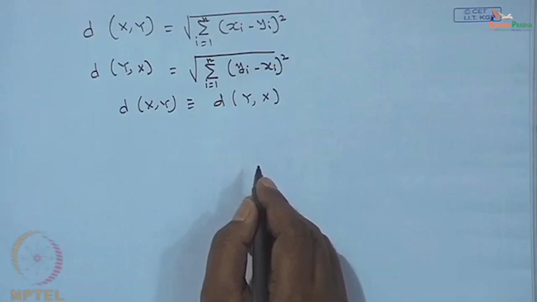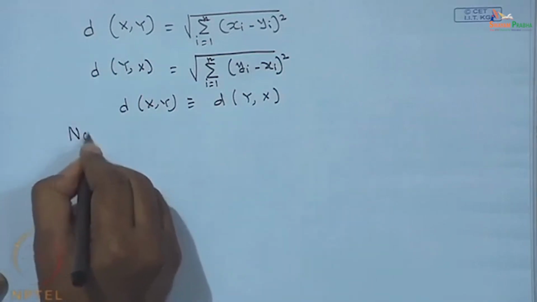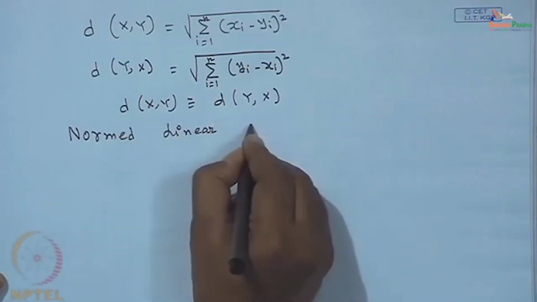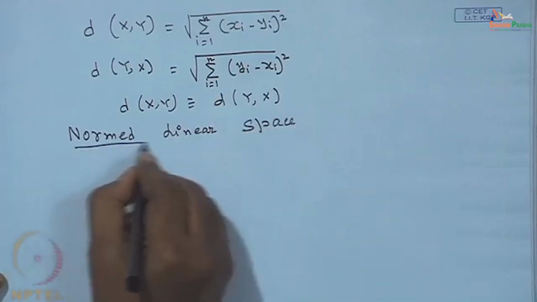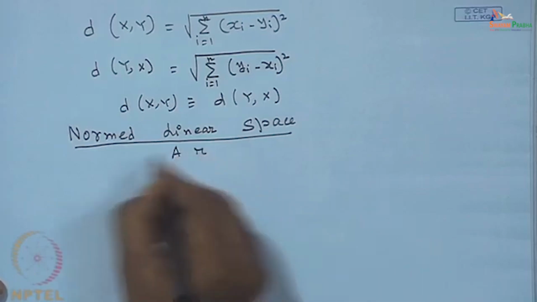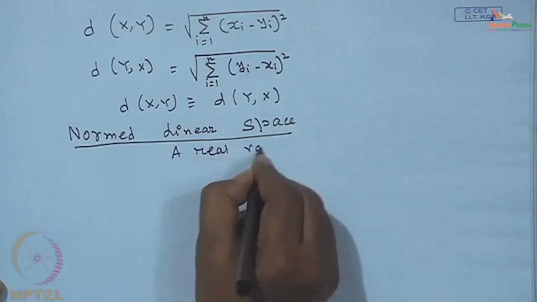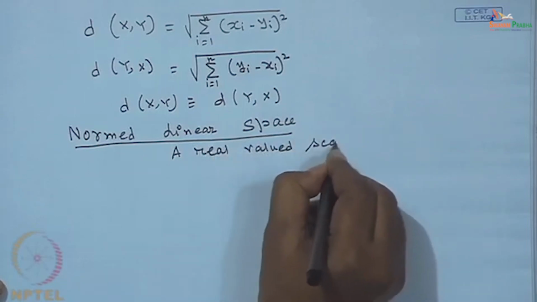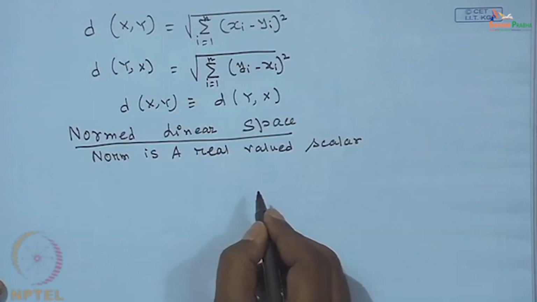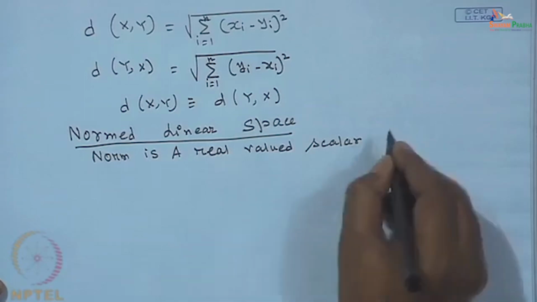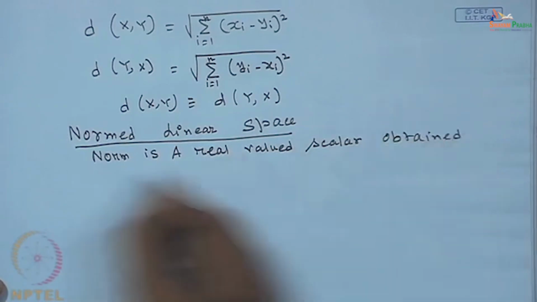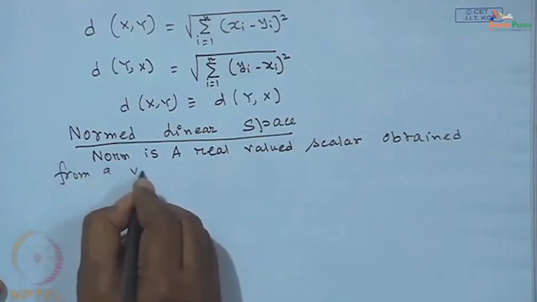Then we talk about normed linear space. The next vector space is the normed linear space. A norm is nothing but a real valued scalar obtained from a vector.